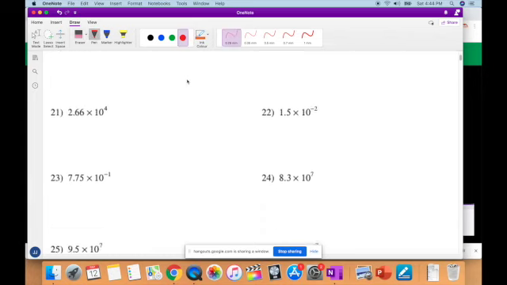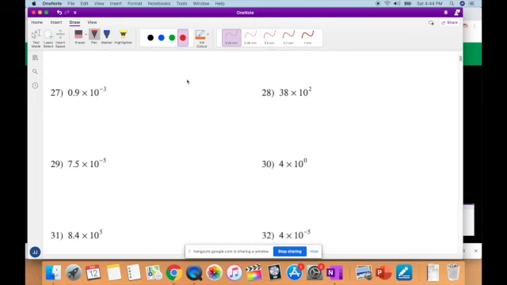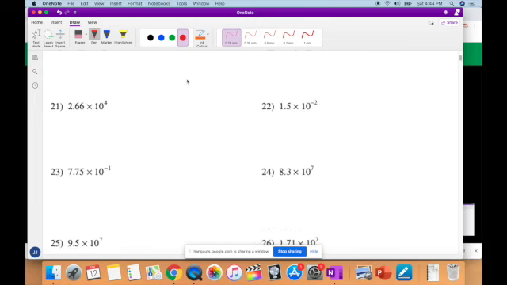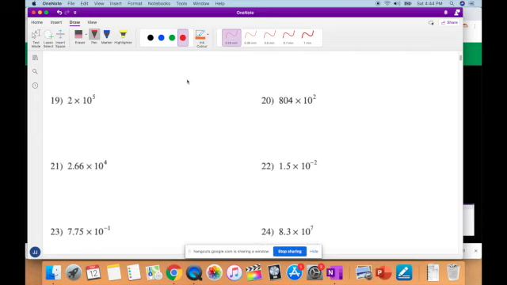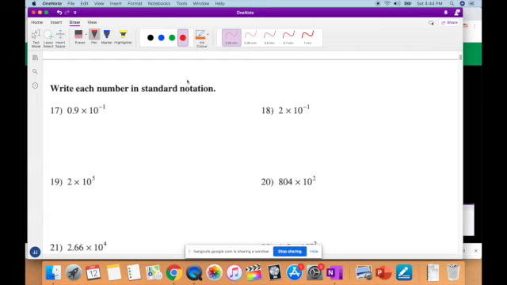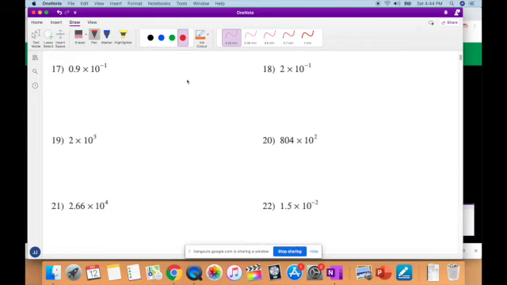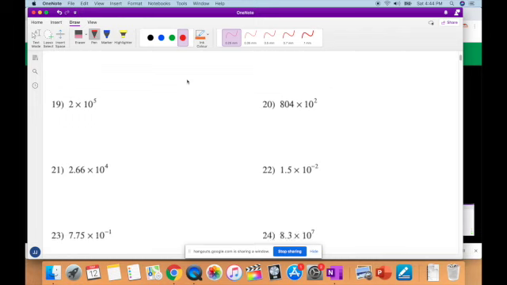Oh no, this is not in standard notation. This one isn't, and that one is. A couple of them already are in standard notation.